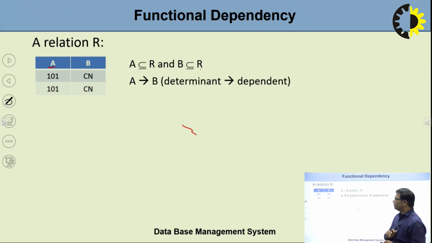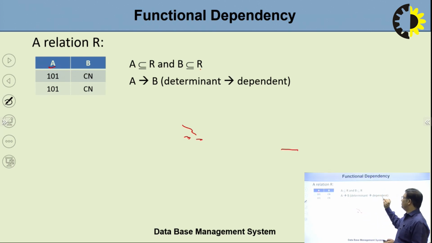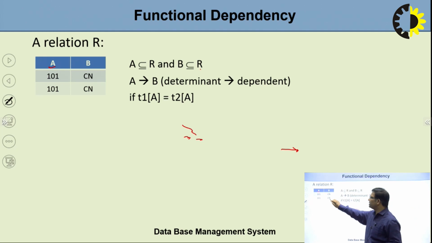Okay. So, here we can find that A tends to B, or we can say B is a dependent element or dependent attribute and A is the determinant element, or you can say that B can be found on the basis of A. Okay. So, this is the example where the tuples are duplicates.